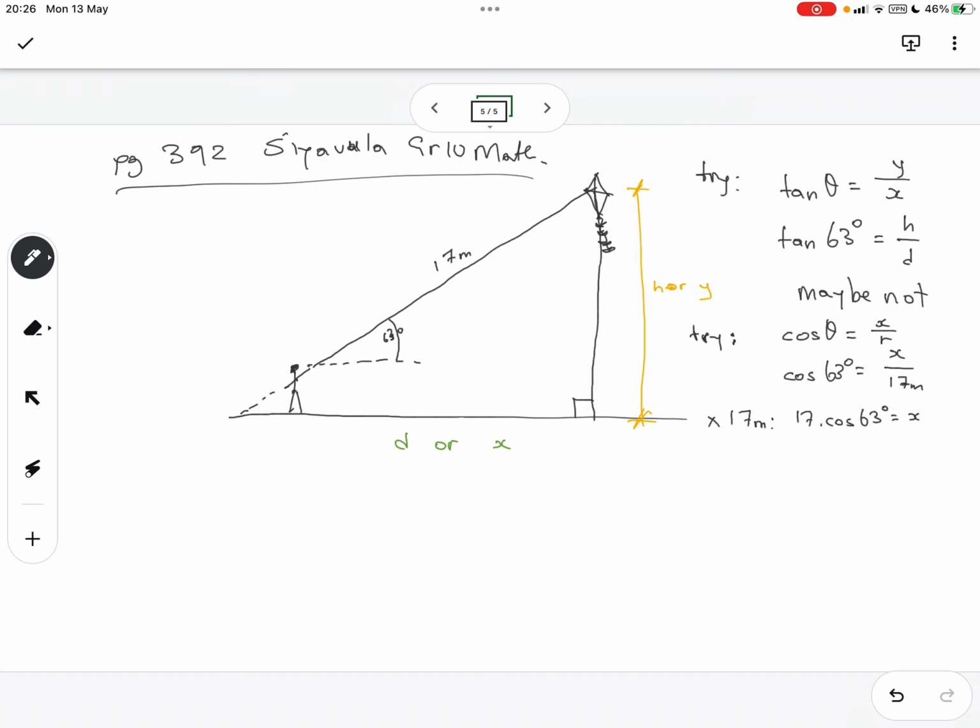But does that answer our question? No, it doesn't. So 17 times cos 63 is 7.718 meters.